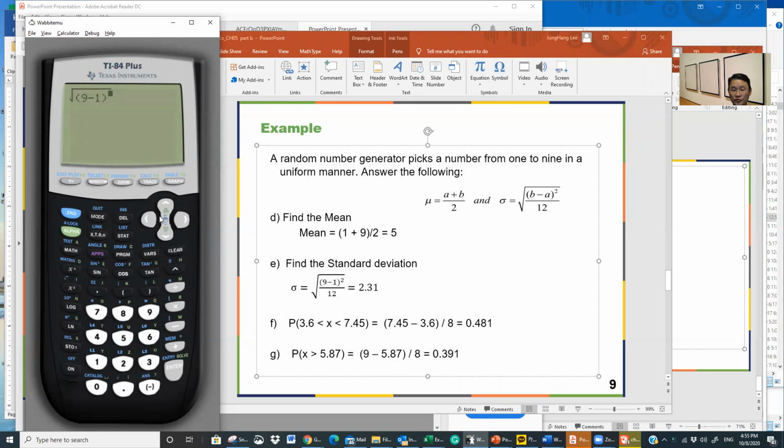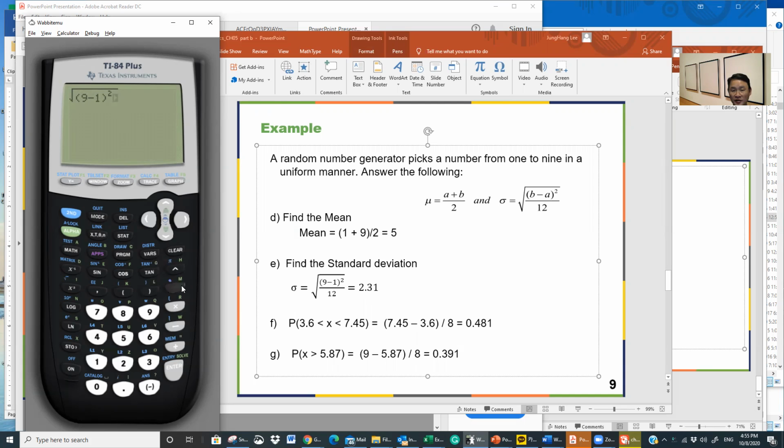Or if I want to, let me show it again. Square root 9 minus 1. I could have done just 8, since this is such an easy calculation, and the power and 2. And I'm going to move the cursor so that I can get out of that exponent.